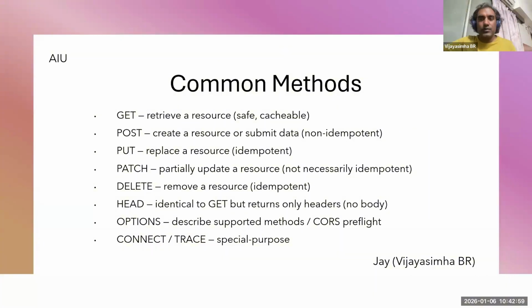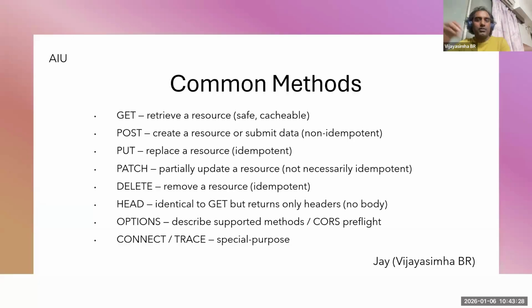So that is the difference: post is like fresh data, put is like replacing the data which is already there. Now patch is kind of like between post and put. In put, you're trying to replace the entire complete set of data, whereas in patch you are just trying to change one specific item of the data.